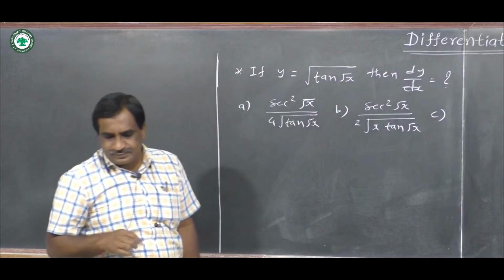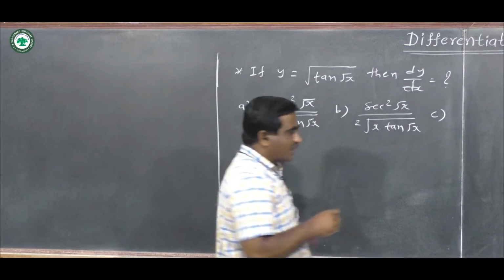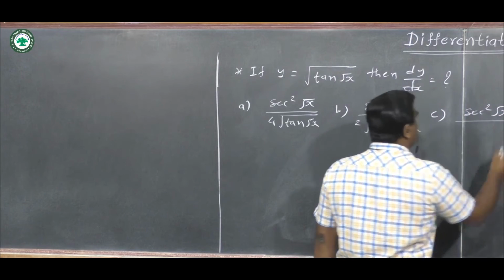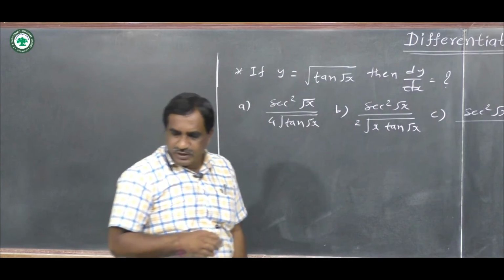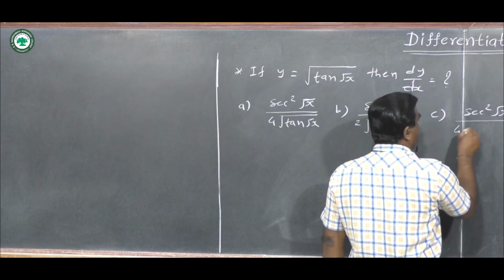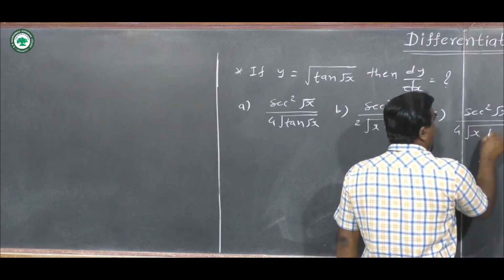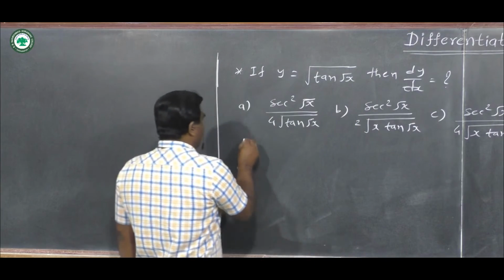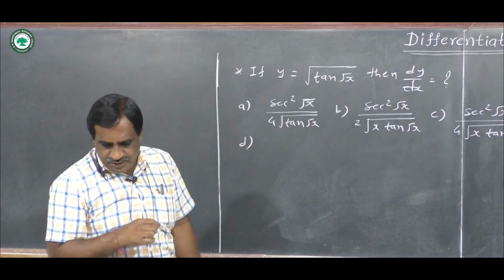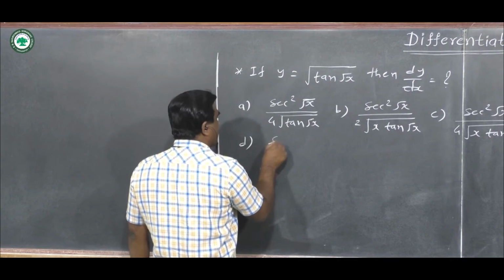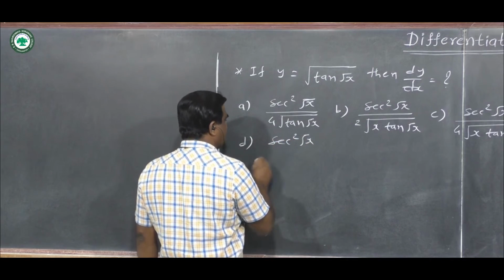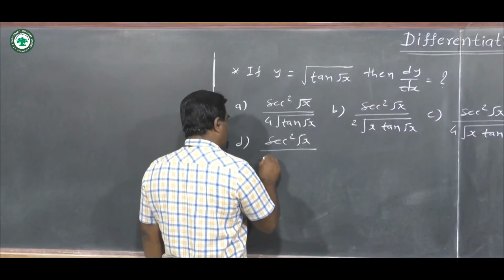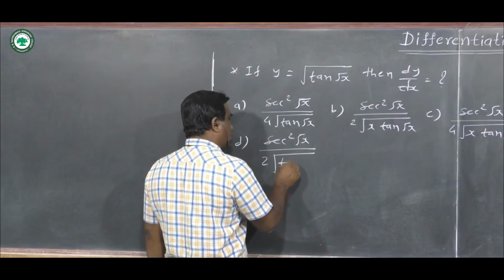Option C: sec square of root x upon 4 into under root x into tan of root x. And option D: sec square of root x upon 2 into under root tan of root x.